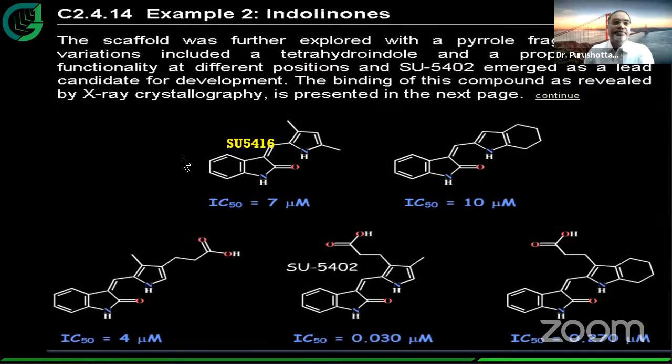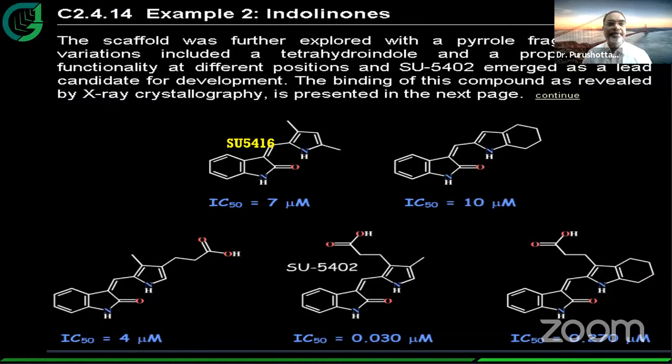If we look at this pyrrole fragment, further modifications were tried, and the scaffold was further explored with the pyrrole fragment because pyrrole gave very good activity, as we have seen in the last slide, almost a 0.4 micromolar activity.